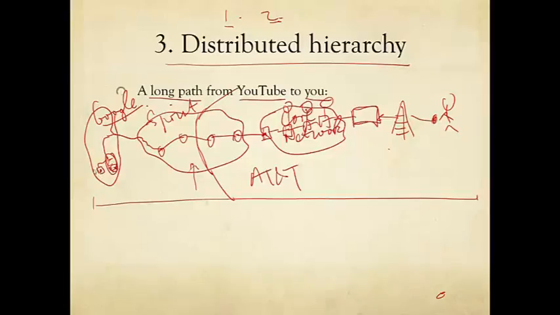For example, is it pause, is it playback? What kind of playback format are you using? And the actual content of the video itself, all those bytes are stored here in the server. So as you can see, this can cross multiple companies, right? And it can cross 10, 15, 20 hops.